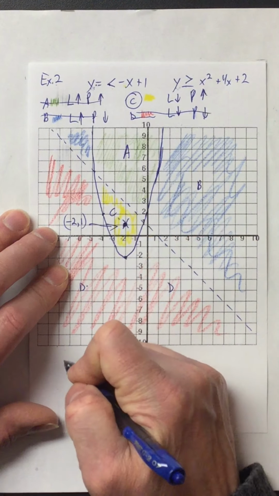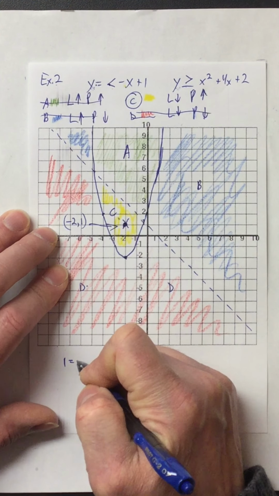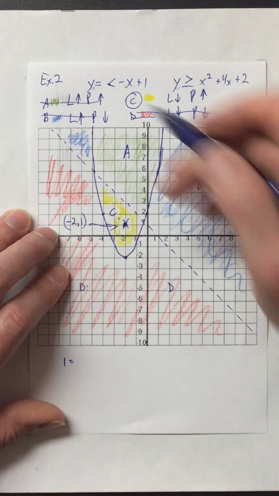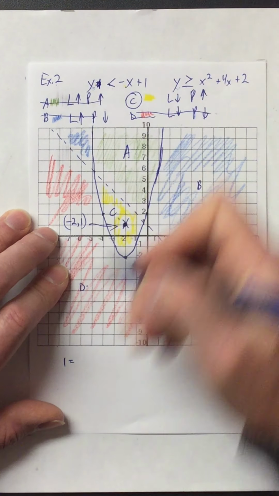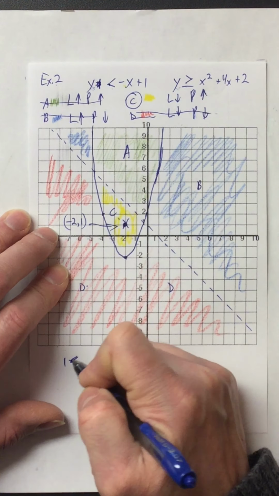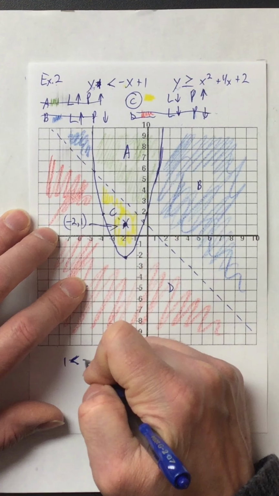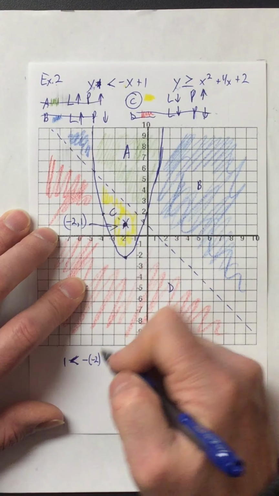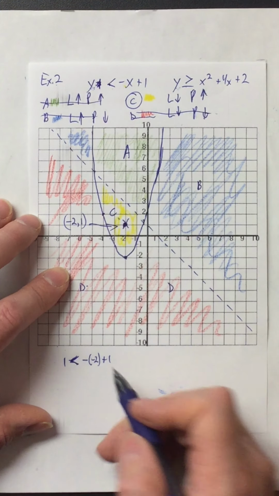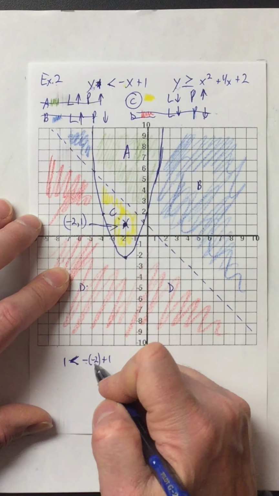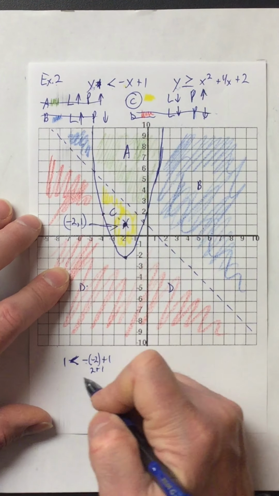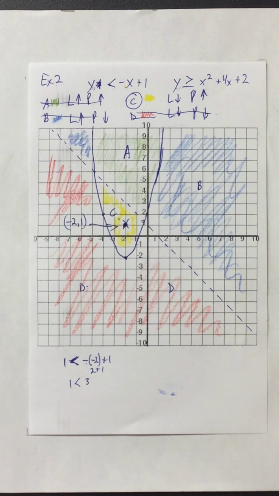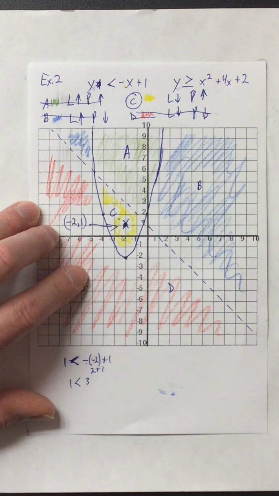If we put the y value in, that's 1 is less than, and then we put in parentheses negative 2 for my x value, plus 1. I got an equal sign in there earlier, which is not supposed to be there because we have an inequality. Negative times negative is a positive, so 2 plus 1 is 3, and 1 is less than 3. Yes, it is. So that is true.